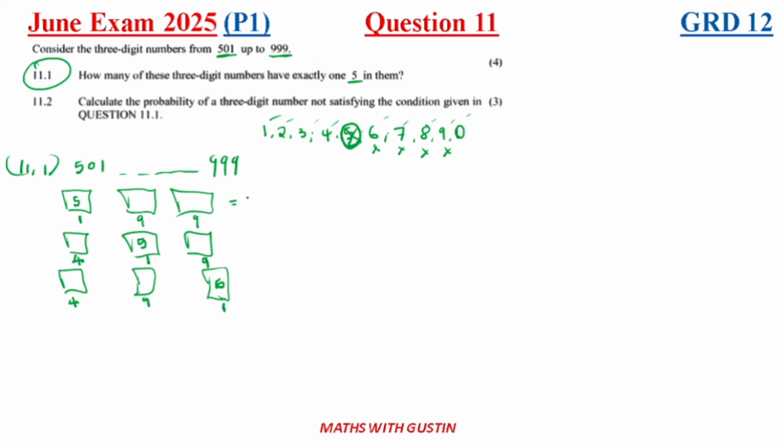So the best thing to do here, you must get the total. Okay, 1 times 9 times 9 gives us how much? Gives us 81. Then they said you can repeat here, so you're going to have 4 times 1 choice times 9 choices is equals to 36. Therefore similar thing would apply here. You're going to have 4 choices times 9 times 1.